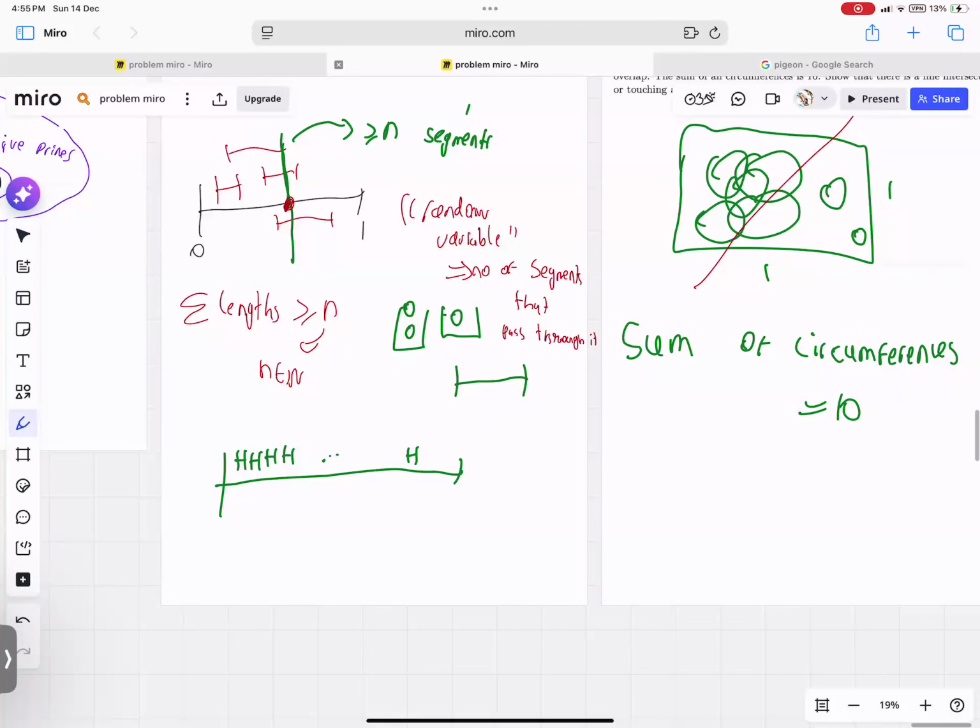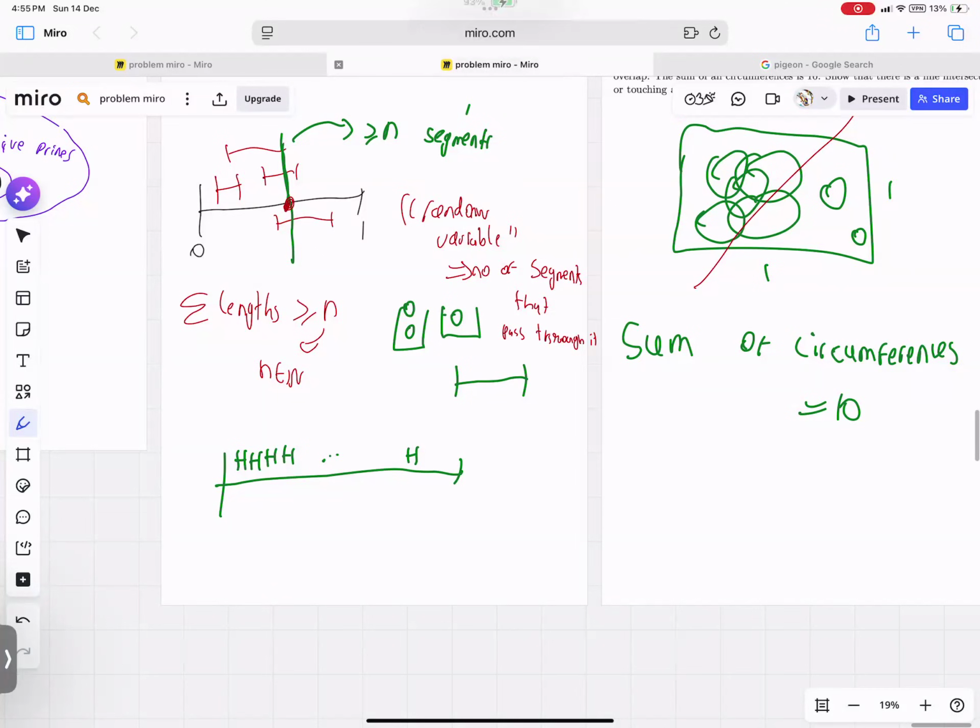The point is that we can show this random variable has expected value at least n. And because it has expected value at least n, since the sum of lengths is at least n, there's some point that at least n segments cover.